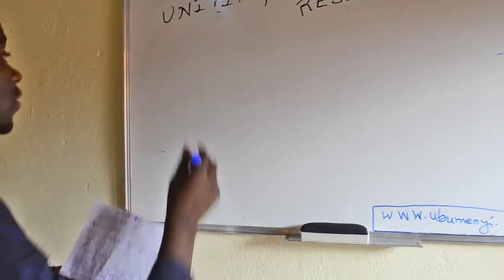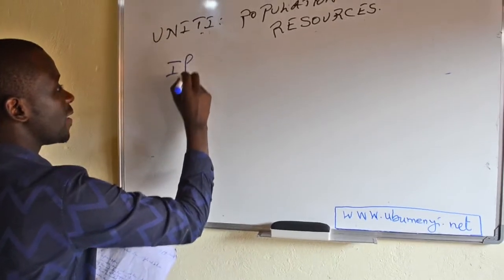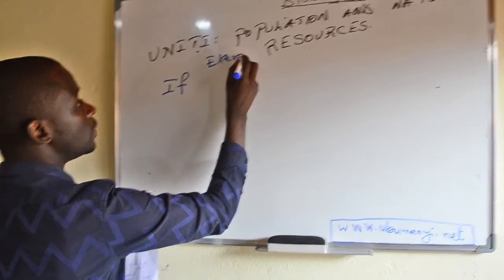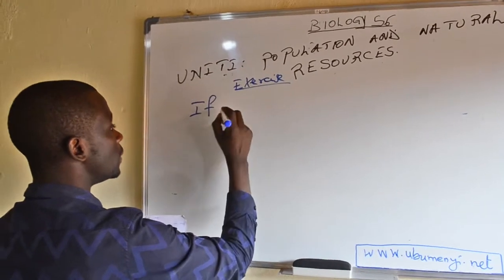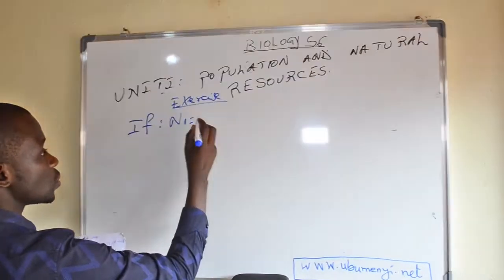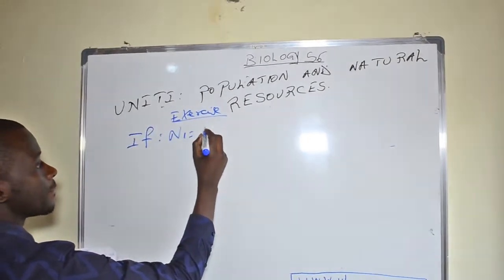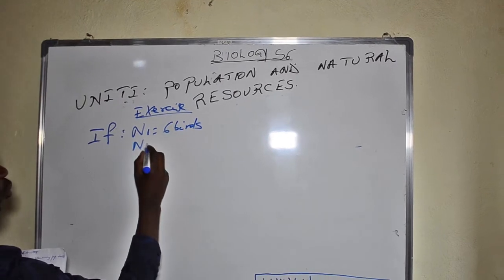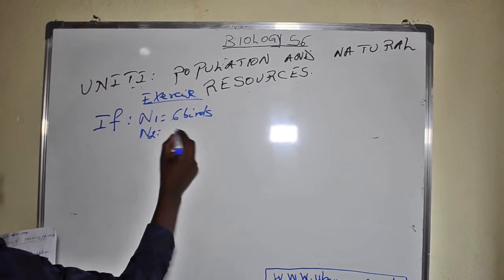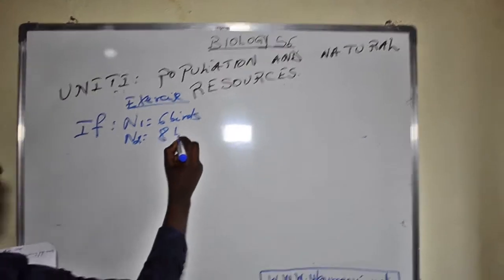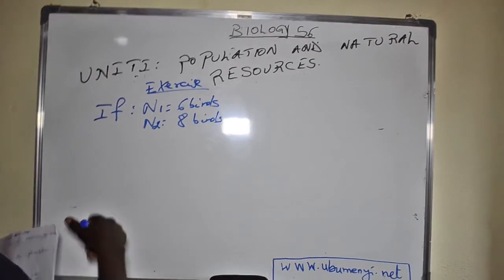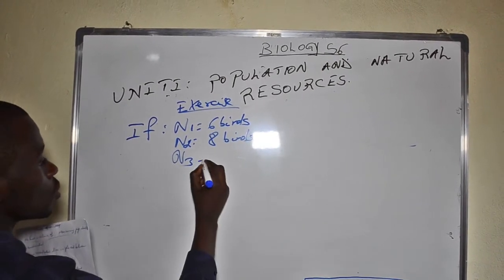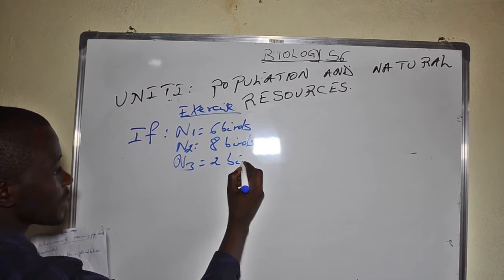For example, if N1 equals 7 birds, N2 equals 8 birds, while N3 equals 2 birds, for example.